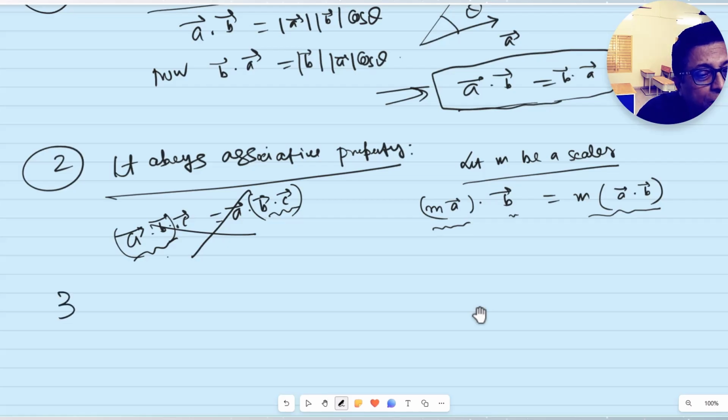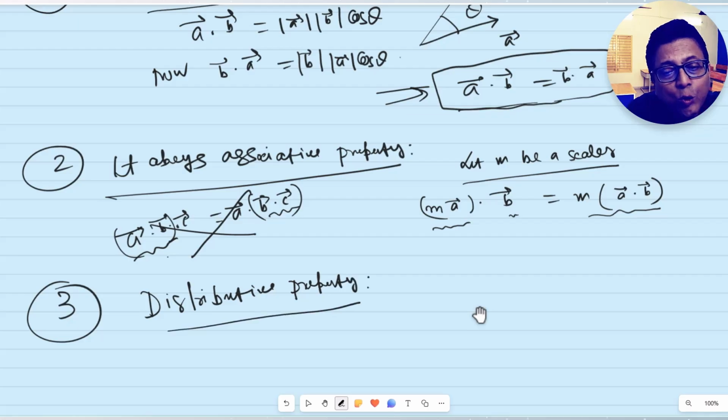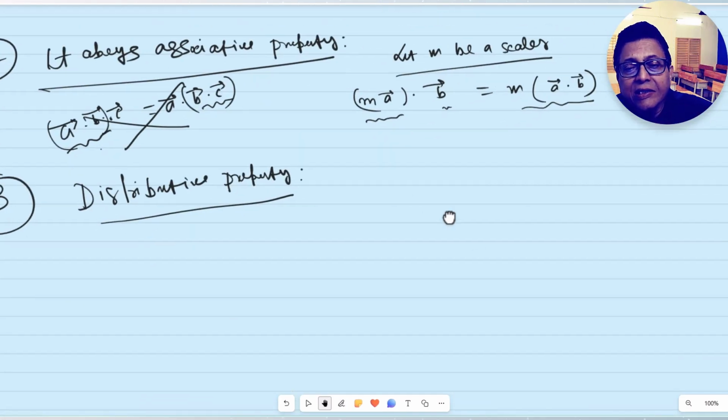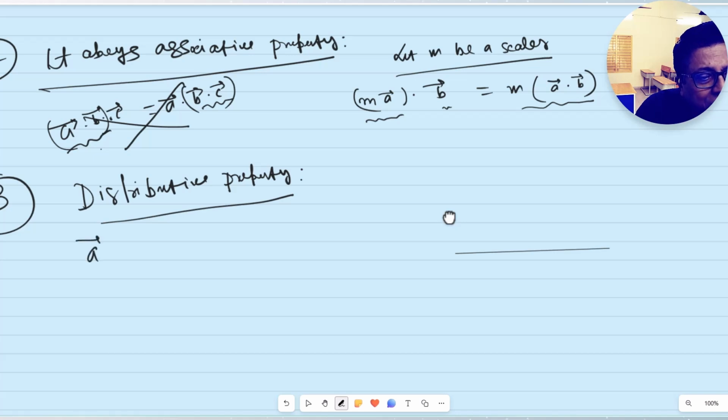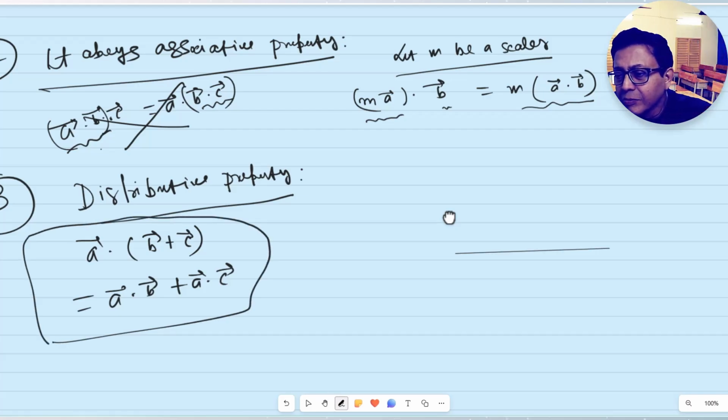Number 3, third property, distributive property. Does it obey distributive property? Let's see. If it holds, it will be of this form: A dot B plus C will be A dot B plus A dot C. This must obey the law.